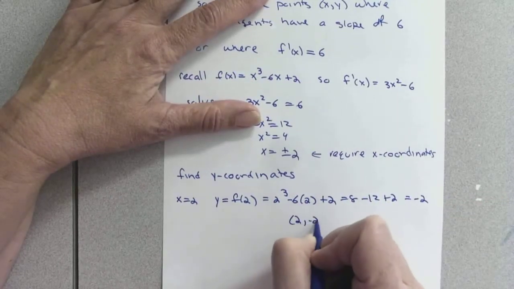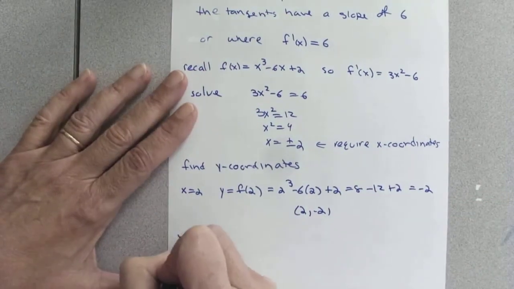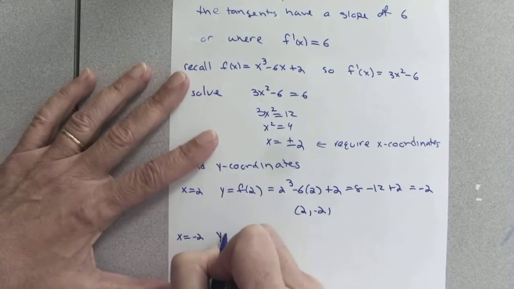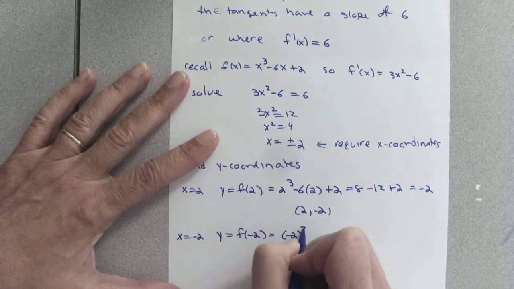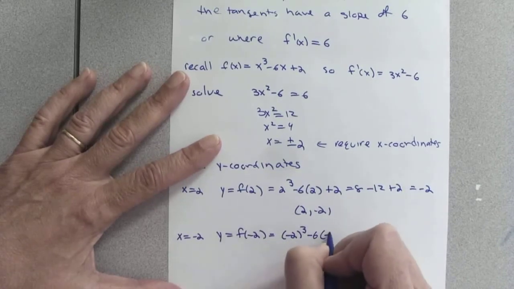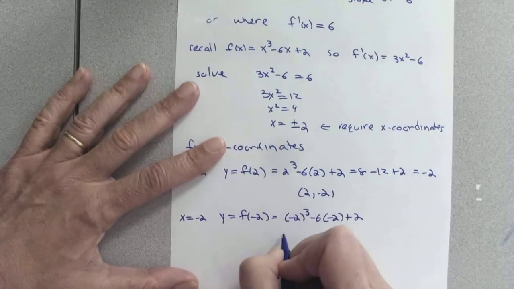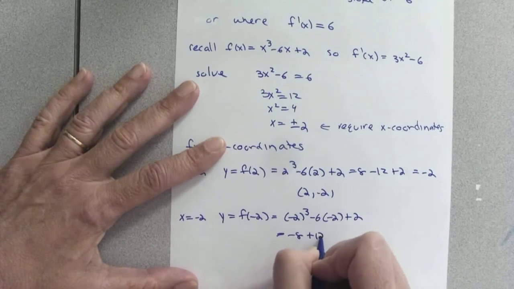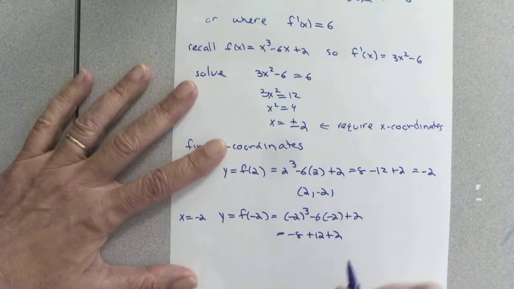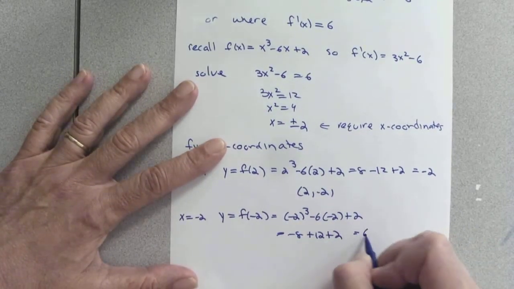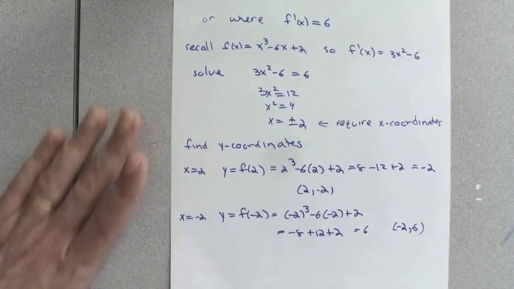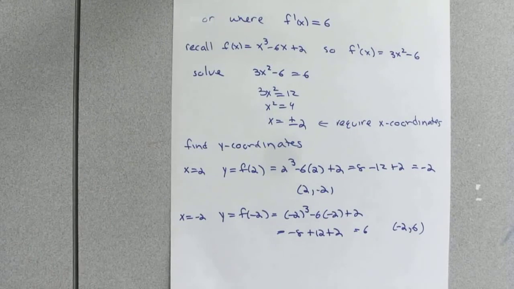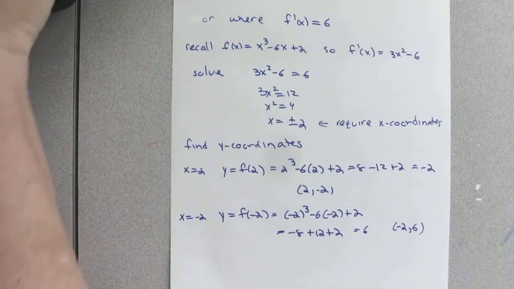So I have the point 2, negative 2. And then x equals negative 2, y equals f of negative 2. So negative 2 cubed minus 6 times negative 2 plus 2, for negative 8 plus 12 plus 2, and that's 6. And so the point negative 2, 6. And there's where the slope is 6.